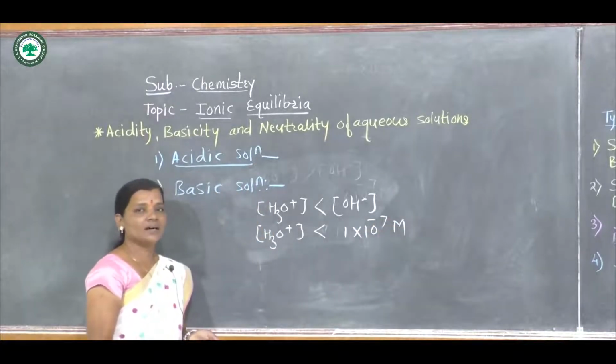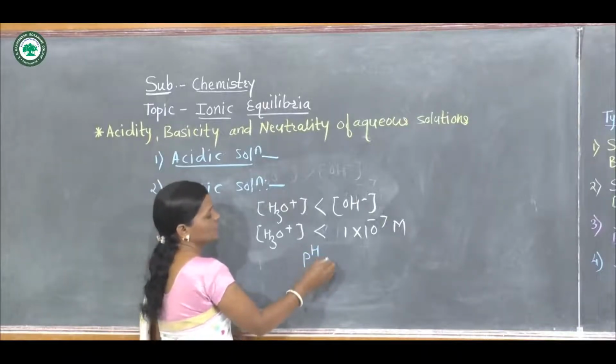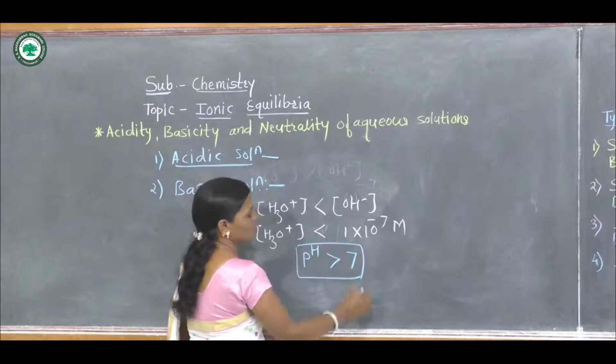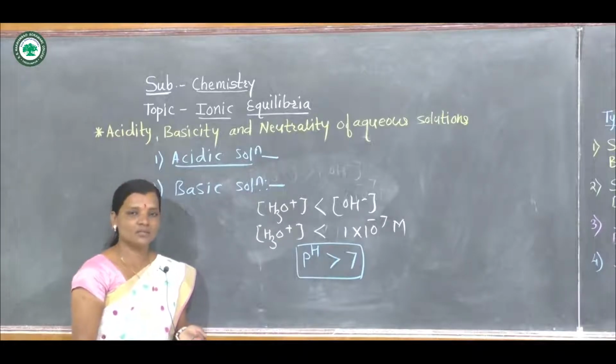And hence in case of a basic solution, the pH of the solution is always greater than 7.